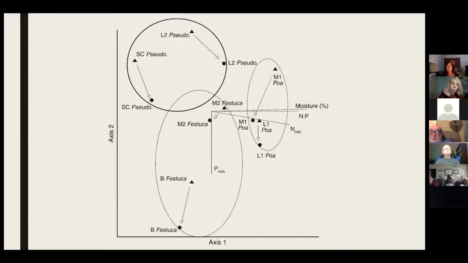So we had grazing impacting our community, we had the identity of the plant impacting our community, and we had what was going on in the environment determining and driving our community differences. And so we were able to take those huge data sets and put them into these representative points, analyze them, and find these patterns in what would have been just a huge bunch of numbers, right?